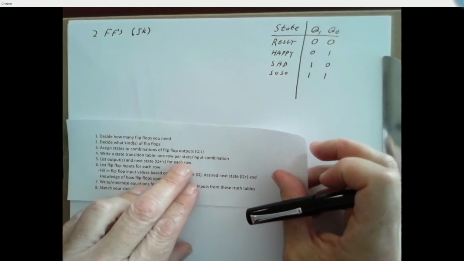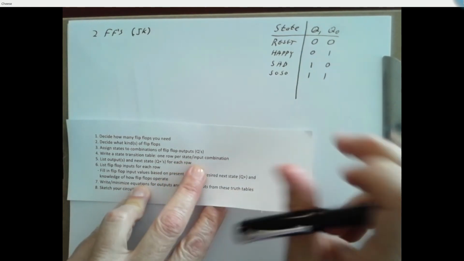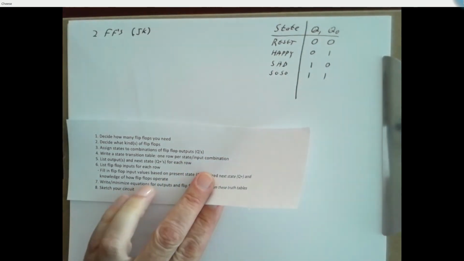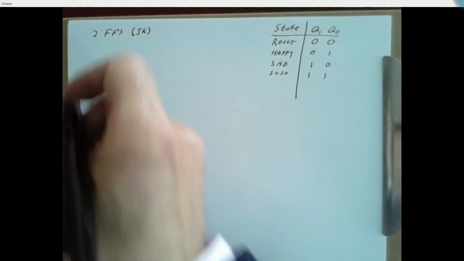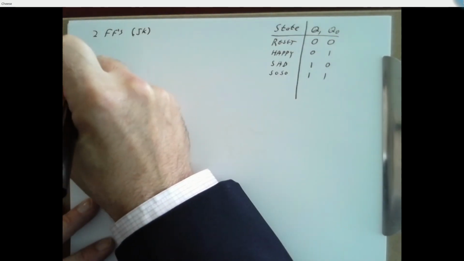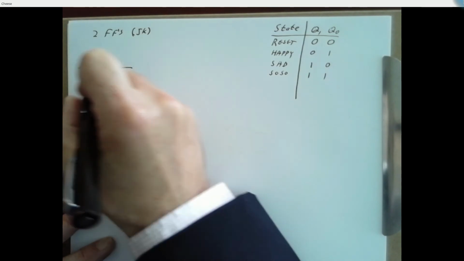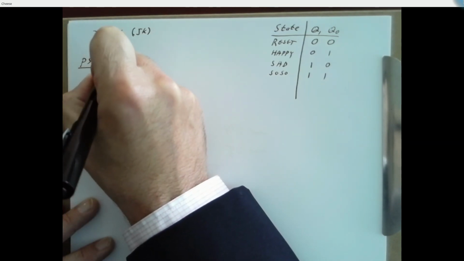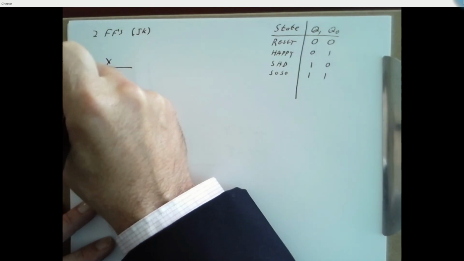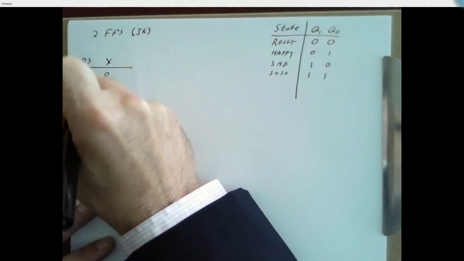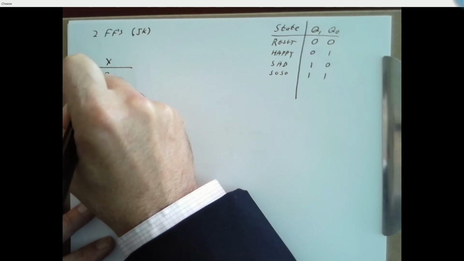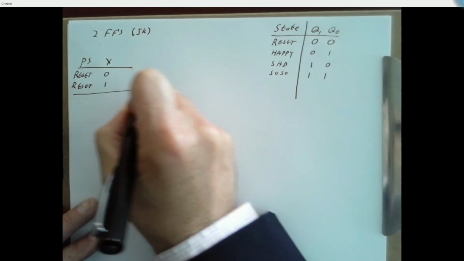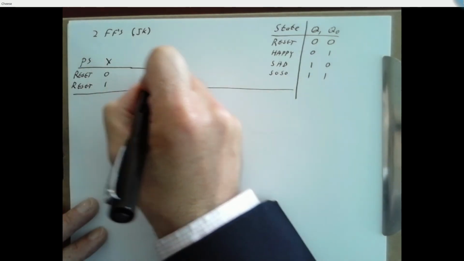All right, now we're preparing to write a state transition table. So one row per combination of state and input. So present state and input. So our input is X. Totally did not leave myself enough space.